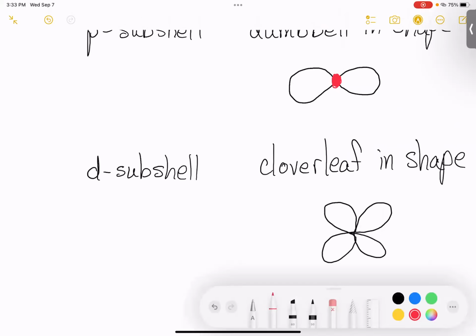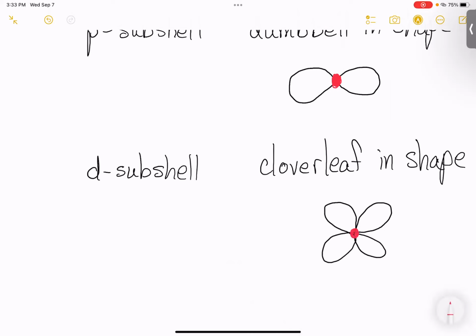Again, that nucleus sits right in the center. It's always in the center. This is an example of a D subshell.